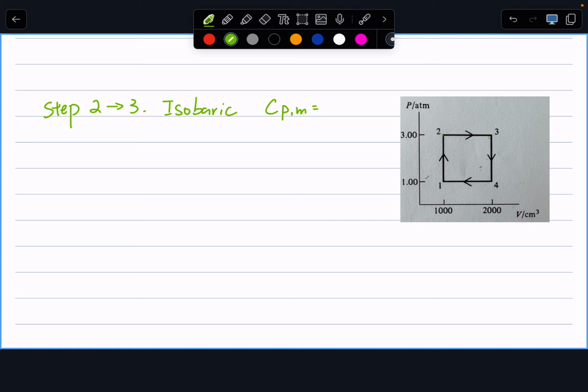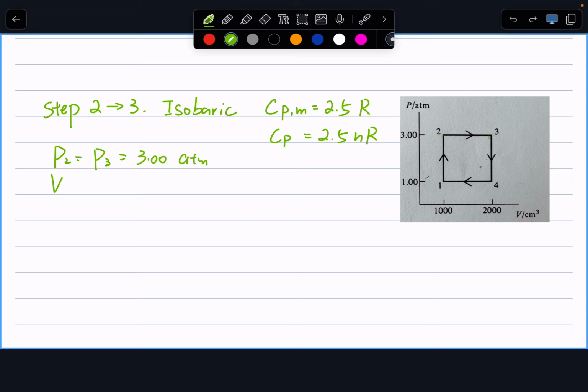At constant pressure, we want to use our isobaric heat capacity, Cp. So my CPM equals CVM plus R, which is 2.5 R, or Cp equals 2.5 nR. This is the molar heat capacity, that's just the heat capacity divided by the number of moles. And we know that P2 equals P3 equals 3.00 atm.